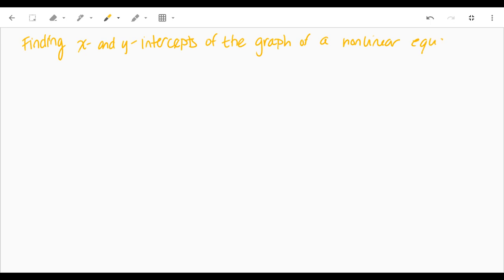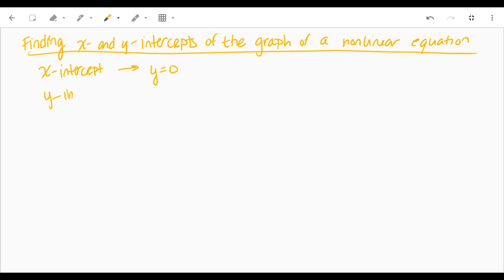And remember, it doesn't matter that it's nonlinear. Your x-intercept means y is 0, and your y-intercept means x is 0. If y is 0, you solve for x. If x is 0, you solve for y.